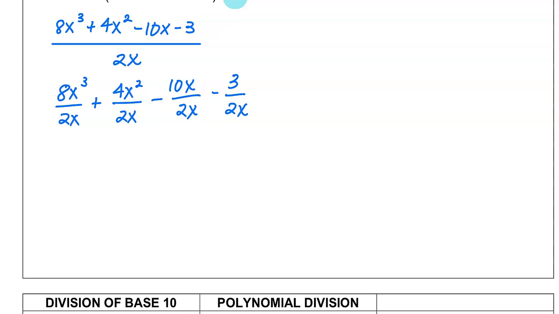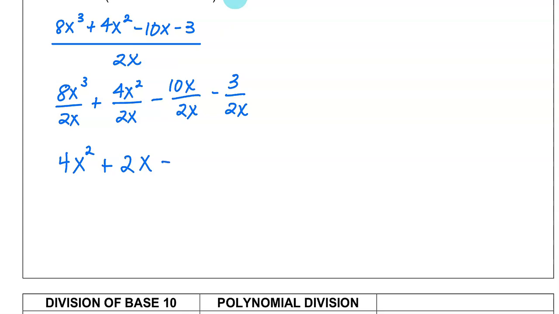I'm just going to reduce the fraction here. And so you can see 8 divided by 2 is 4. And then x cubed divided by x is x squared. And then the next one, the 4x squared divided by 2x. Well, 4 divided by 2 is 2. And then x squared divided by x is x.